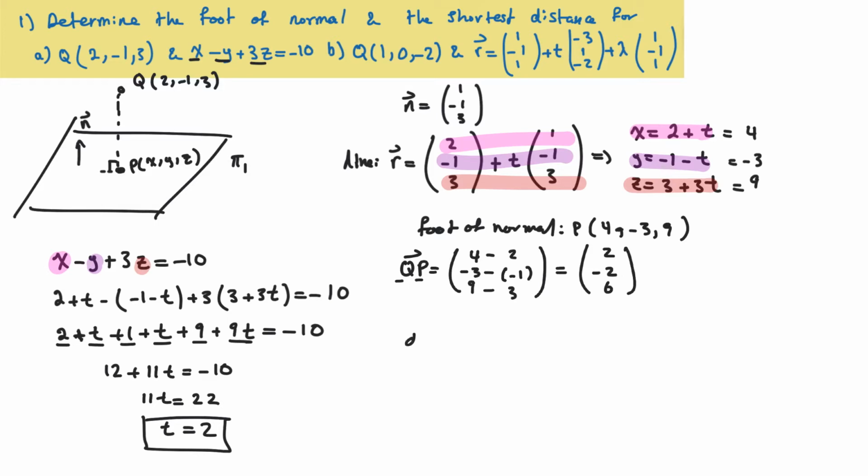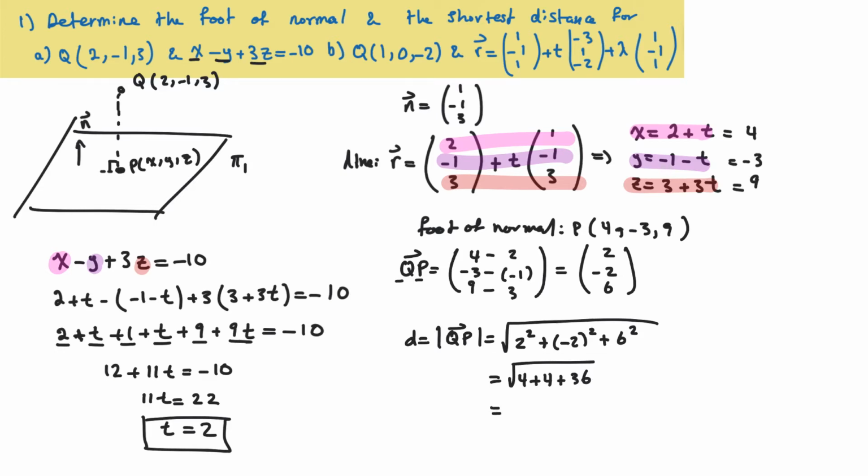Now the shortest distance is going to be the magnitude of our vector, which is the root of the x component squared plus the y component squared plus the z component squared. That's the root of 4 plus 4 plus 36, which is root 44.